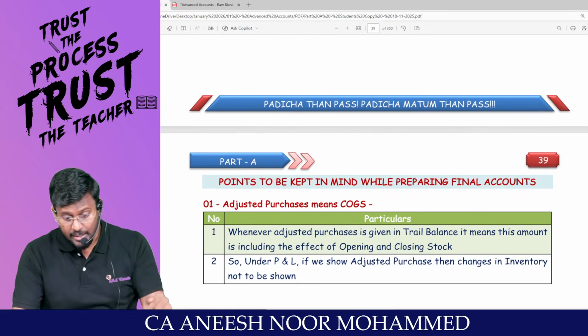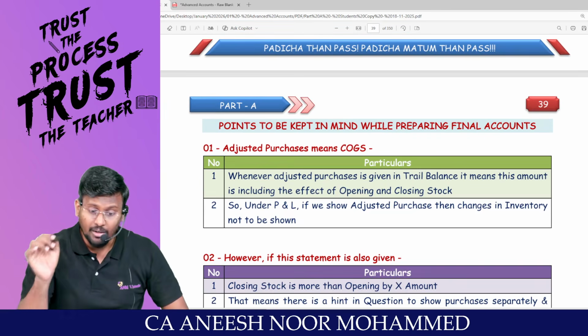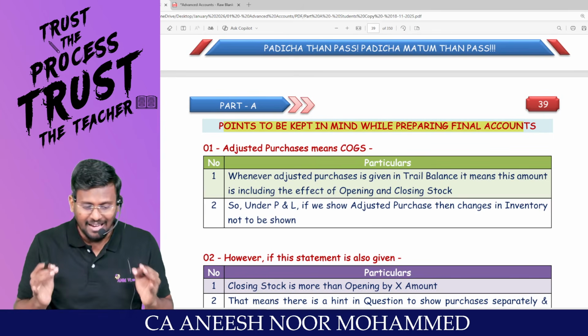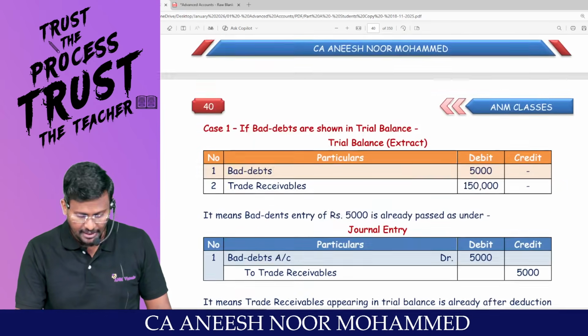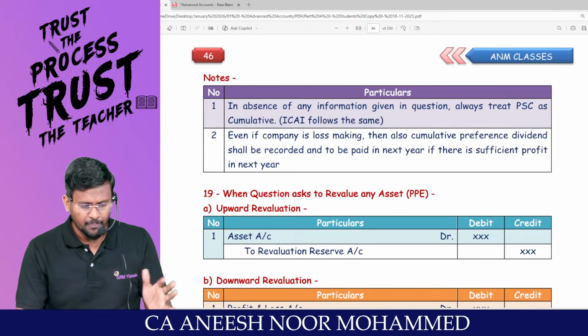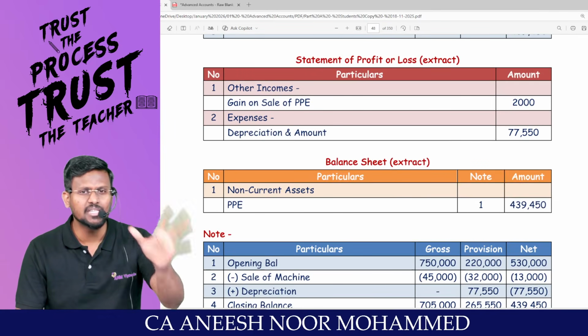Before we start doing the questions, the important adjustments to be kept in mind while preparing the financial statements, that means nearly 20-25 adjustments. We will first discuss the special adjustments, then we will start doing the questions.